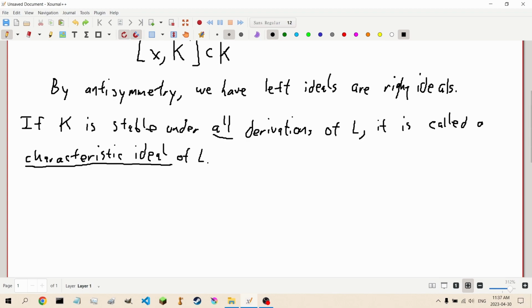I guess the next thing we need to look at is how ideals relate with one another.